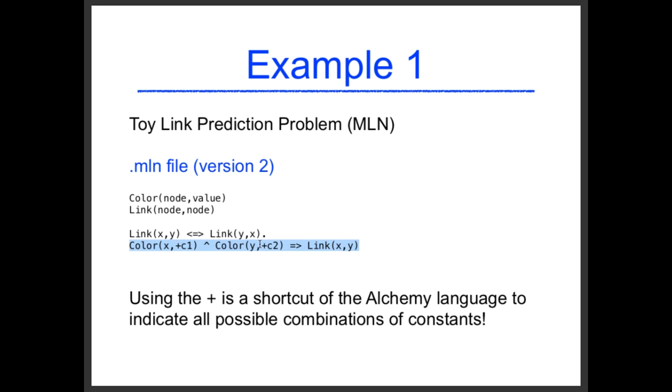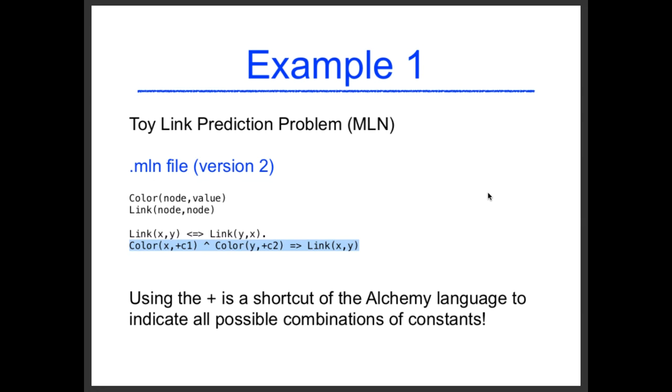So here I'm writing that the color of node X is C1 and the color of node Y is C2 implies that there is a link XY, and I use the plus sign before these 2 variables, which in Alchemy syntax means that this rule is transformed into a list of rules where you substitute every possible constant for this variable.